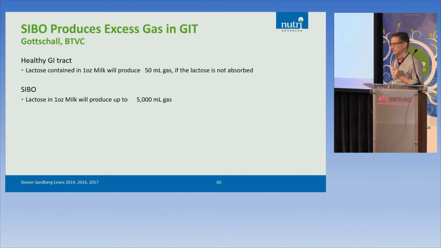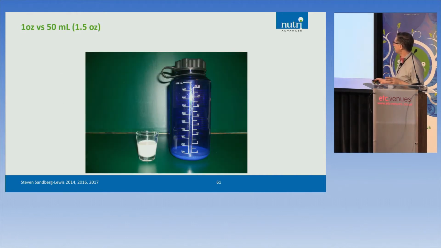That's a lot. And just as a visual, if we look at 1 ounce of milk, you wouldn't be able to see 50 milliliters in that big bottle unless it was white, so we put milk in there. So you could see how much gas would be produced from the lactose in that milk if the patient did not have SIBO.